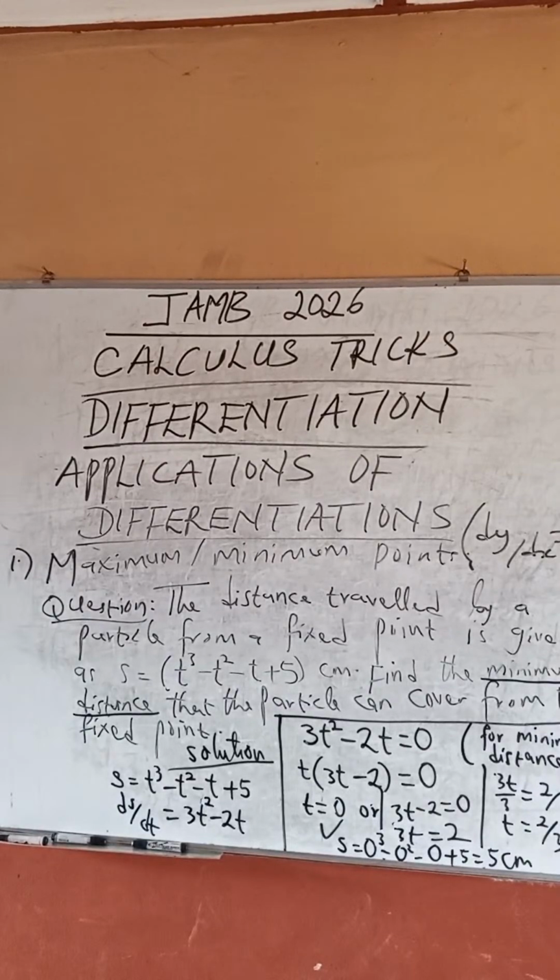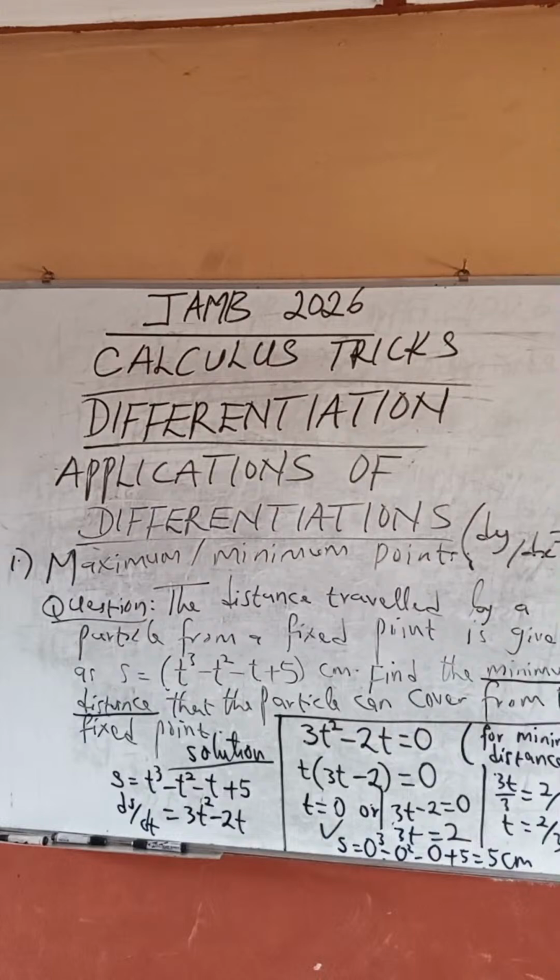It is very, very easy. Okay, any question from there? The particles are already given. So any question, let me know. Put it in the chat box. Let me see if we have any question. We have 5.2 centimeters.